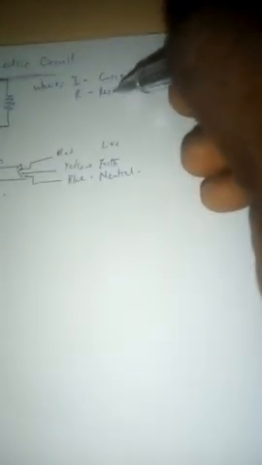We represent current by I, whereby we say I is the current. The unit is amps, simply A. Then we have the resistor. It has units of ohms.